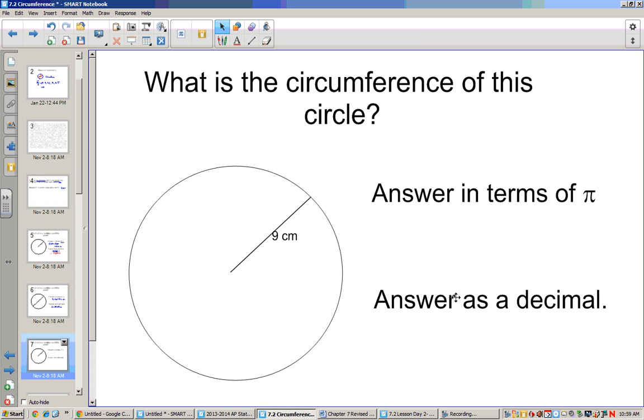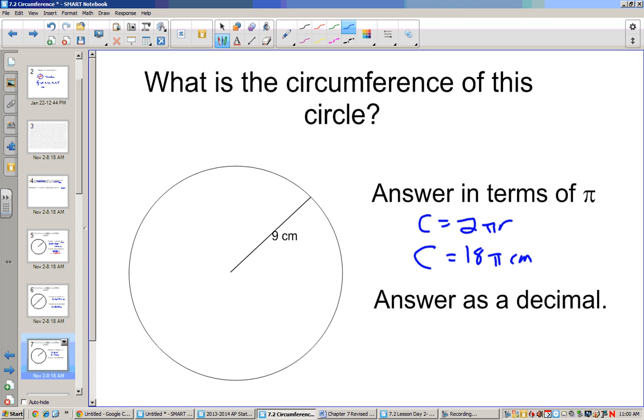All right, now you try this one on your own, pause the video, and see if you can get the correct answer. All right, hopefully you have done the whole problem, and the circumference is equal to 2 pi r, because we have a radius here, and 2 times 9 is 18, so 18 pi centimeters is our circumference.